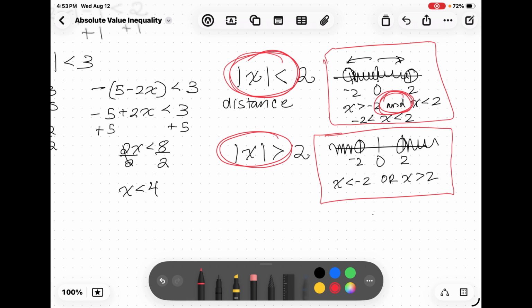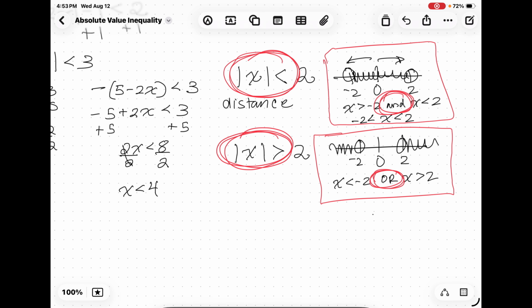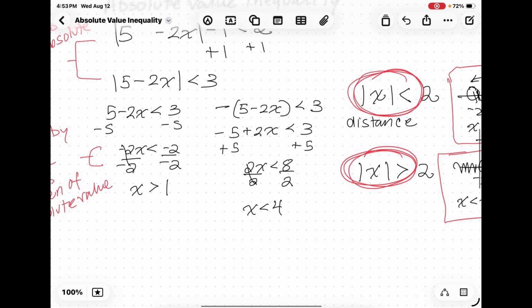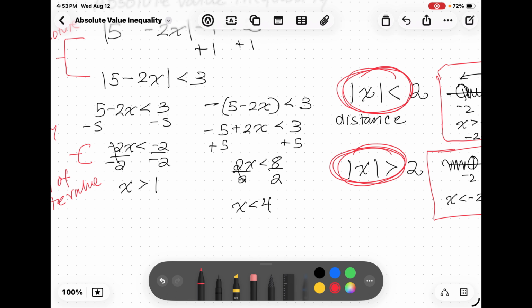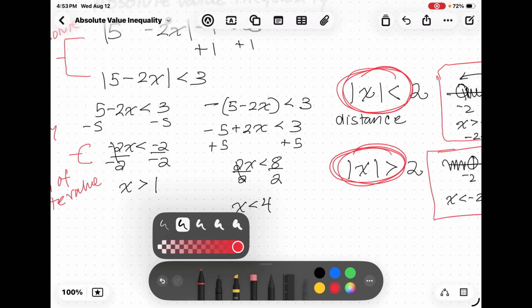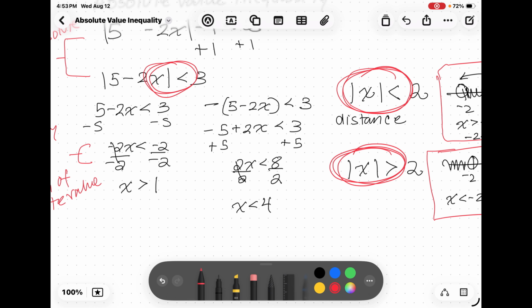And whenever absolute value is greater than, I've got an or statement. So let's go back over here. What happened? Absolute value less than. So these are linked by an and statement.